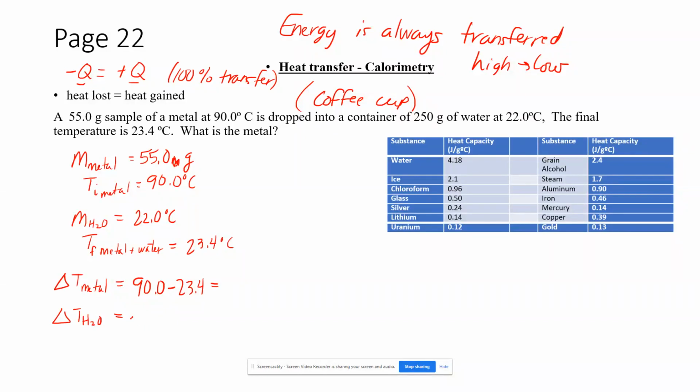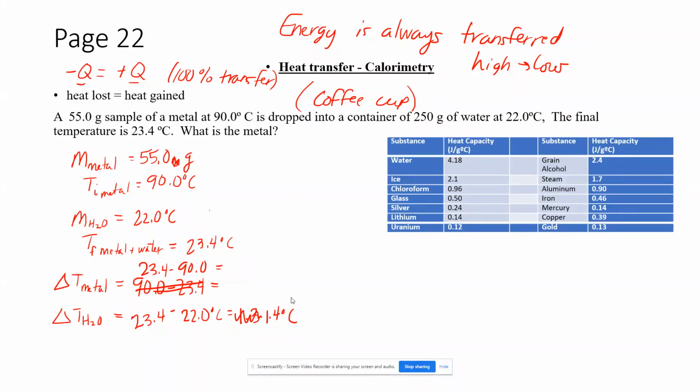The water has the same final temperature, minus 22 degrees. So this only heated up 1.4 degrees. That's what happens when I don't use my calculator. I'm getting this bad. It must be the end of the year.